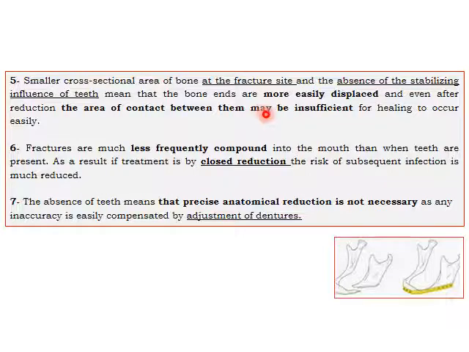That is, the bone ends near the fracture line are more easily displaced, and even after the reduction the area of contact between the bone is insufficient for healing to occur easily. So the two pieces are difficult to bring close to one another, they are more easily displaced, and there will not be contact. And if there is insufficient contact, there is a possibility of non-union or delayed union.